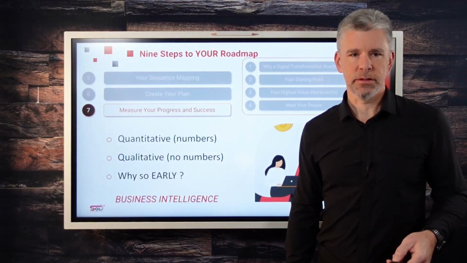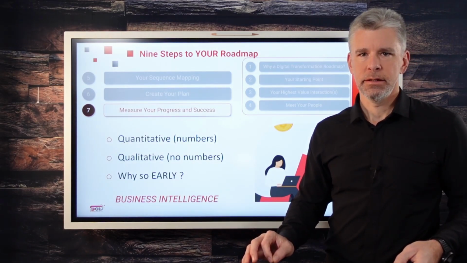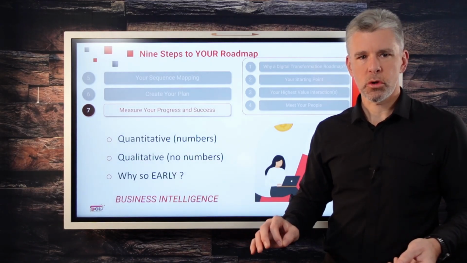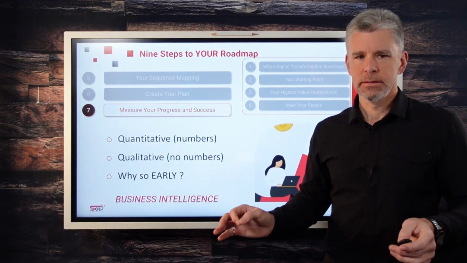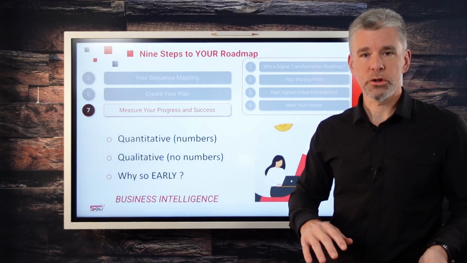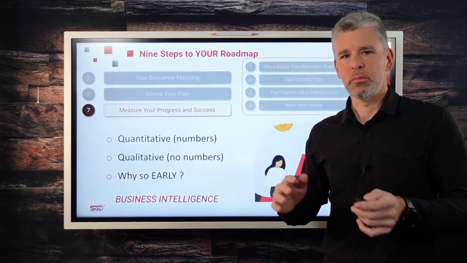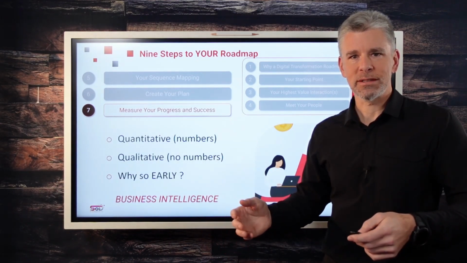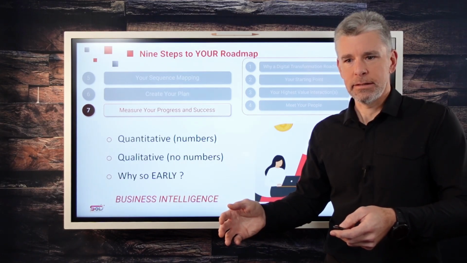Step number 7, measure your progress and success. You can ask, how and why would I measure the progress and the success while I'm creating the plan? Simple answer, you need to plan what you're going to measure. If you don't know what you need to measure in 6 months, 1 year, 2 years to see the progress and the success of your transformation, that doesn't make sense.